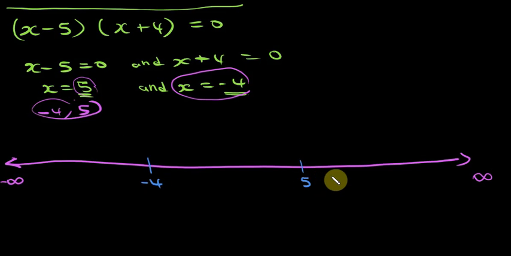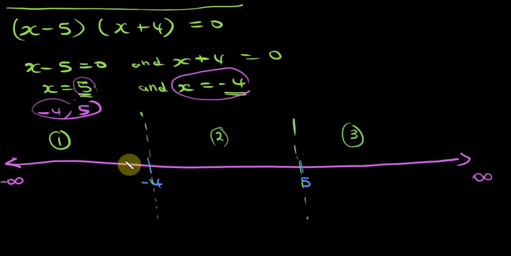So what we can see from here is that these zeros are dividing the number line into three regions. We'll call this region 1, region 2, and region 3.